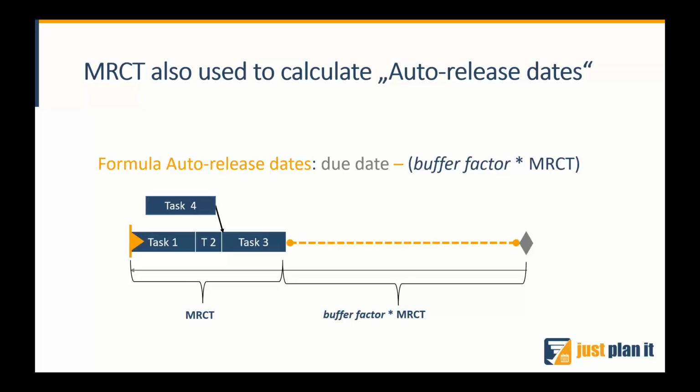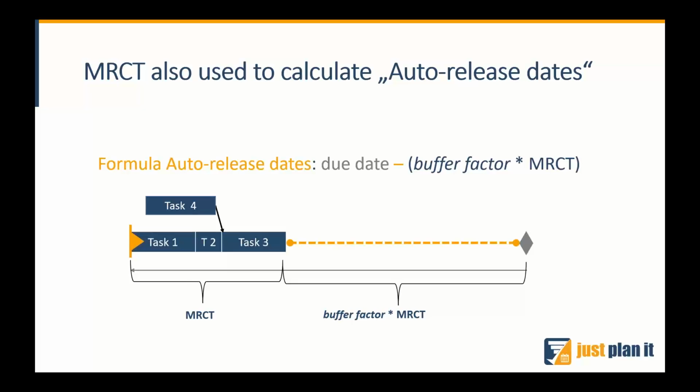And in the older versions of Just Planet, we were just summing up the required cycle times, without considering that there might also be some parallel structures or send-ahead structures. So everything that was overlapping was just summed up, which in the end did not make much sense.